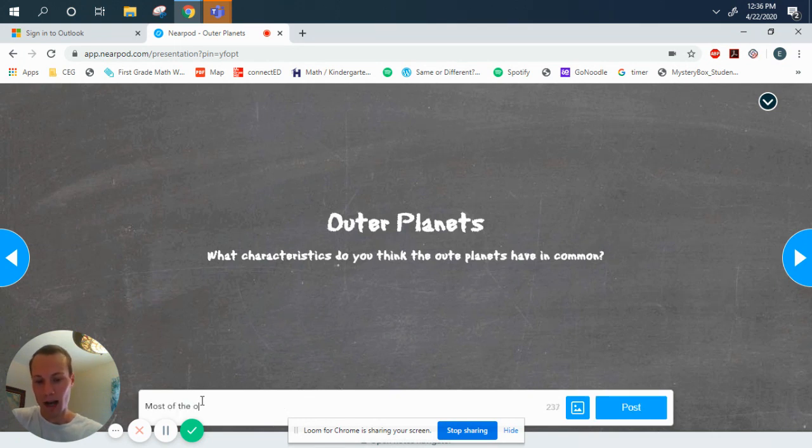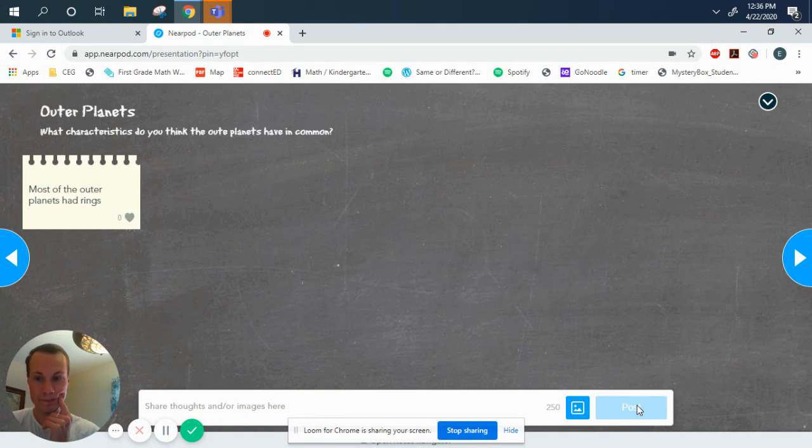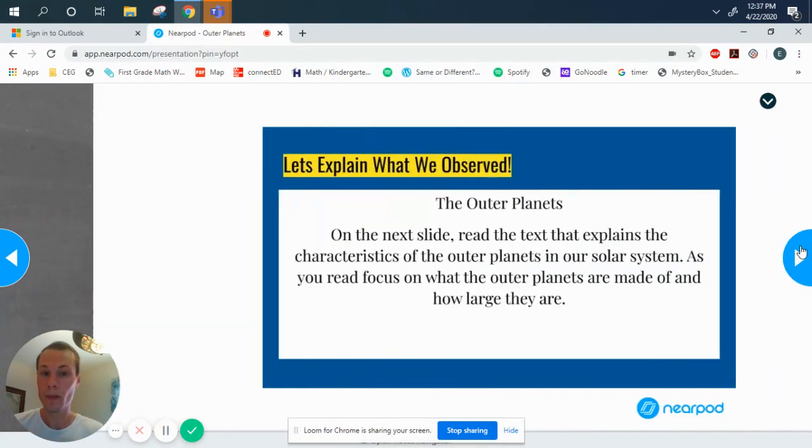Most of the outer planets had rings. I saw 3 out of the 4 outer planets had rings around them. So maybe that's a characteristic that they have in common. Maybe Jupiter's rings are just so small we can't see them. What other things did you notice? So write them down. You can either put them here or on a piece of paper.